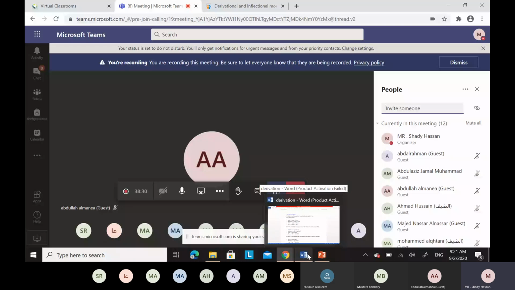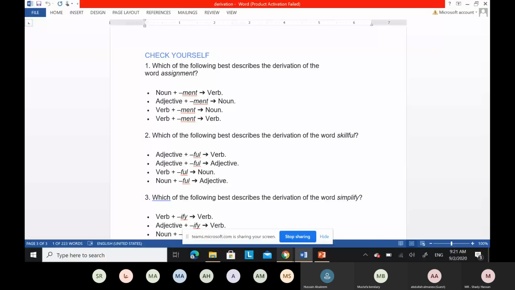So, in here, I've got an exercise for you. Which of the following best describes the derivation of the word assignment? What do you think of the word assignment?